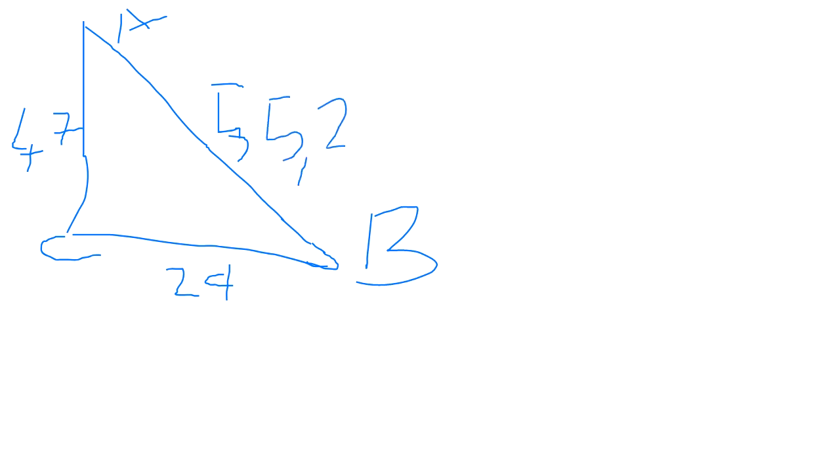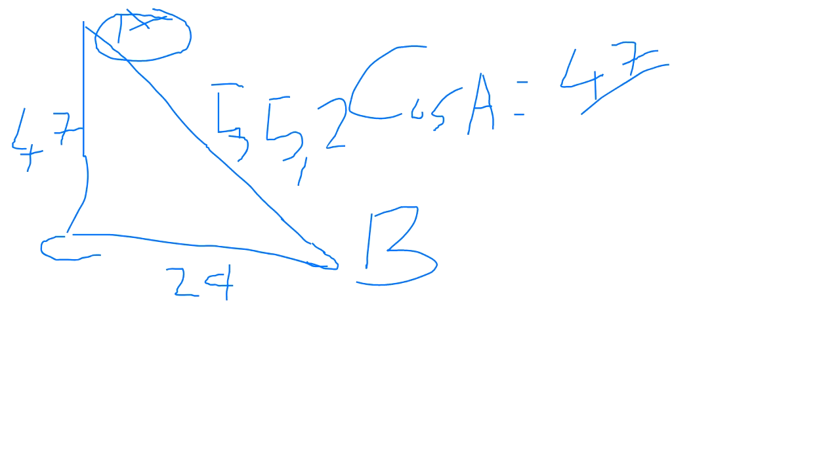So now we are finding it in reference to angle A. So this one becomes opposite, adjacent, hypotenuse. So cos theta, or cos A, will obviously be 47 over 55.2.